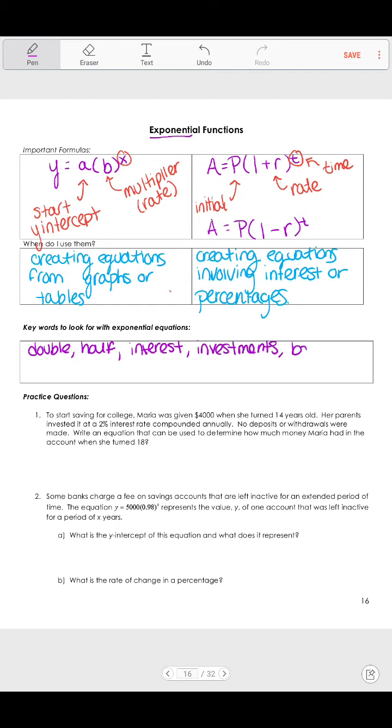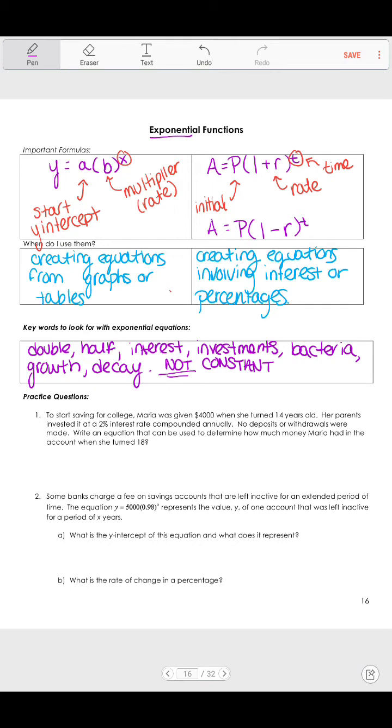Often when they're talking about bacteria, they're talking about something that's growing quickly. Also growth and decay. Anything that suggests that we're doing something at a quicker rate and it's not constant. Remember, linear things mean they're constant, so exponential should not be constant.